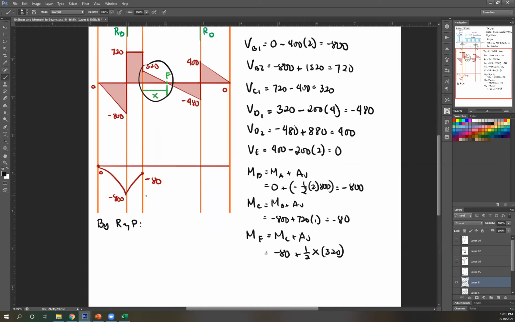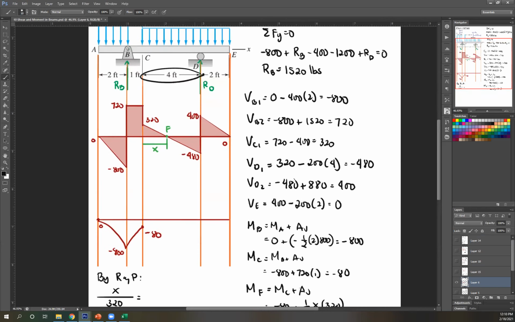So let's look at this triangle first. So we're looking for x. So base over a known value. So I know this height, right? It's 320. We've already solved for that. Equals the equivalent component on your other triangle. So base. So this length is equal to, as you can see, this total length is 4 feet.